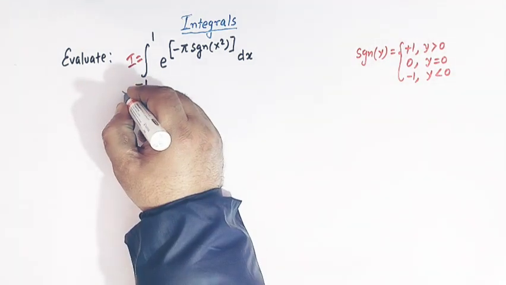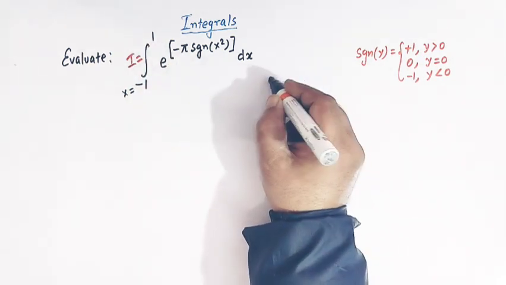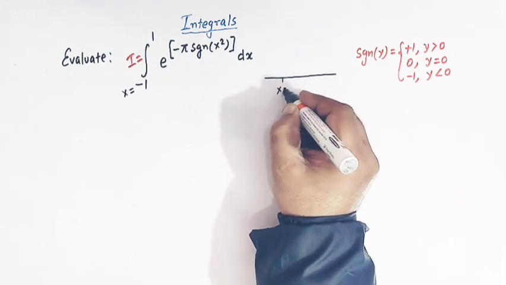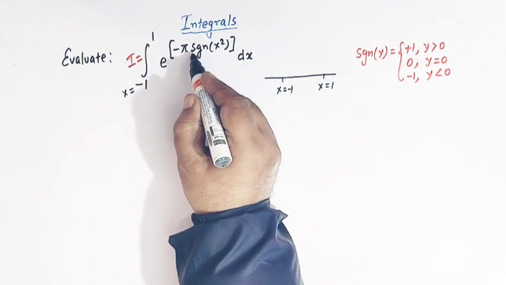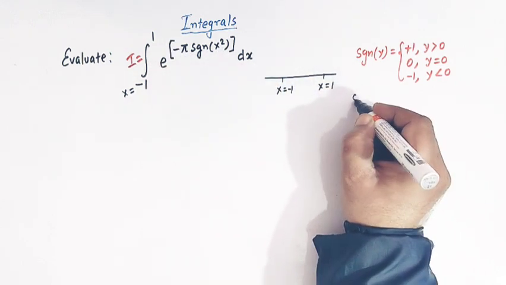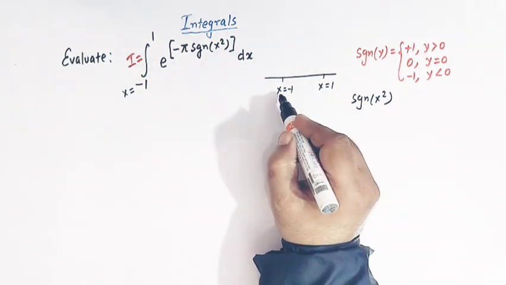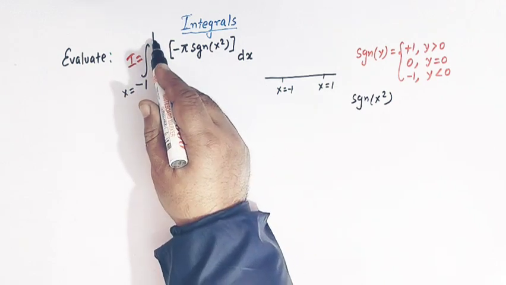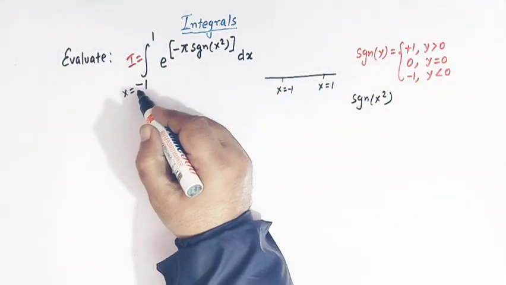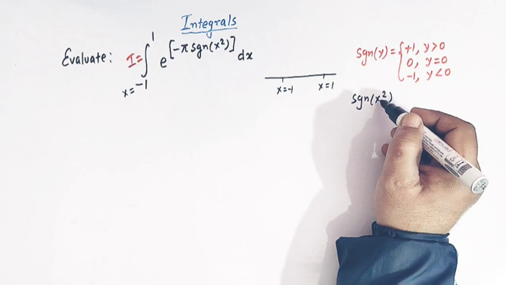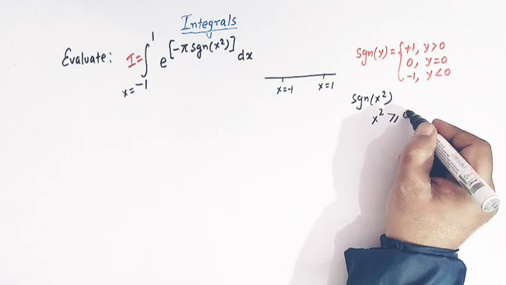Now see here the limits of integration vary from x equal to -1 to 1, and here we have signum of x square. Whenever x takes any value between -1 and 1, x square is always greater than or equal to 0.